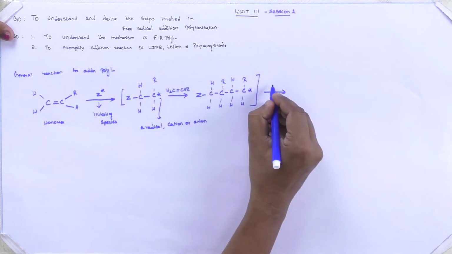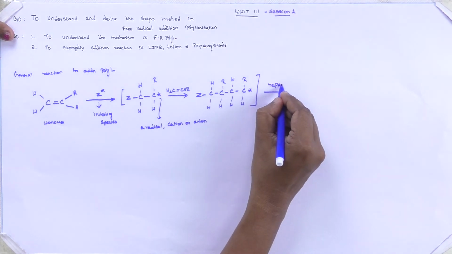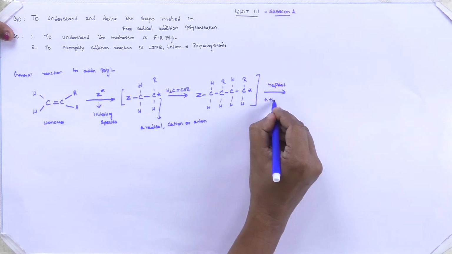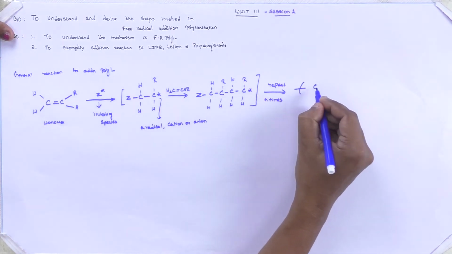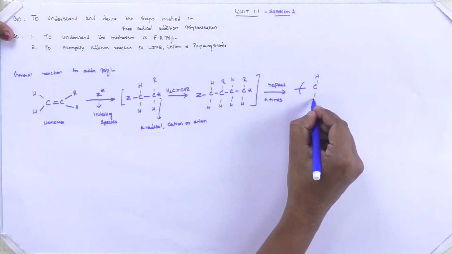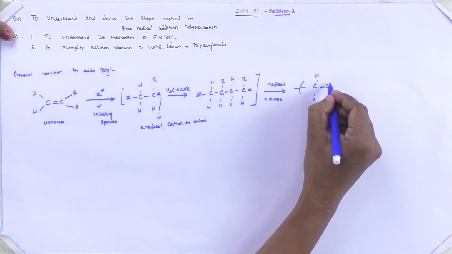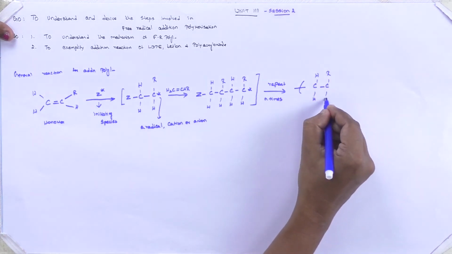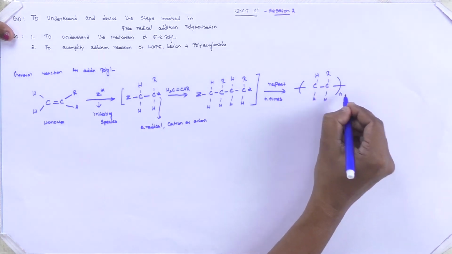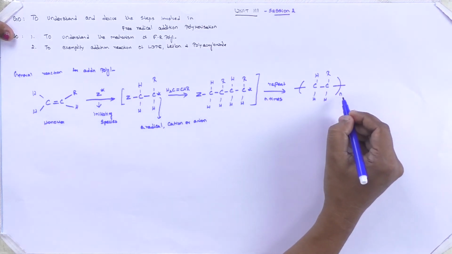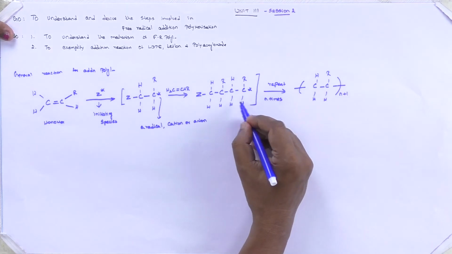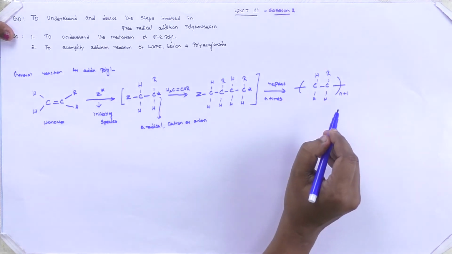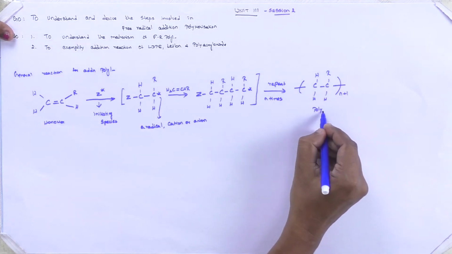If this monomer unit repeats n times, then you get a polymer. You can write it as n times or n plus 1 times, since I am adding the same monomer. So, this is your polymer that is formed.